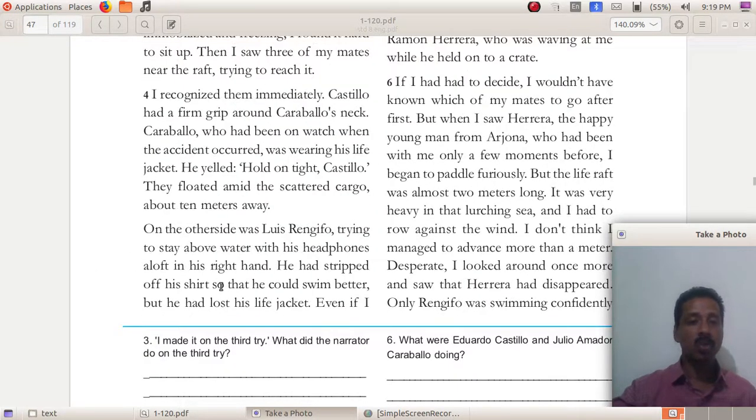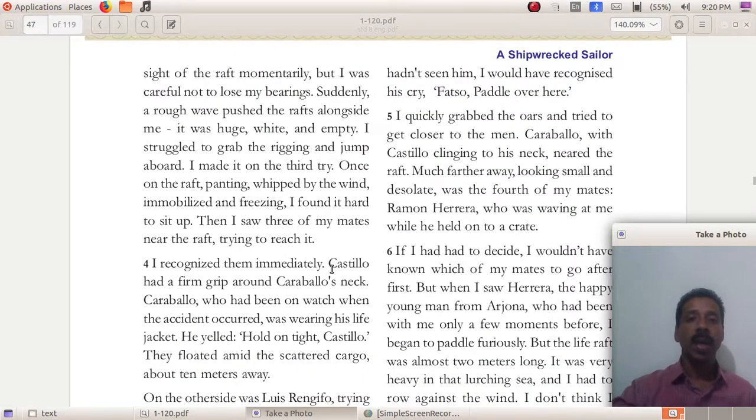He had stripped off his shirt so that he could swim better, but he had lost his life jacket. What happened? He lost his life jacket. Even if I hadn't seen him, I would have recognized his cry, "Fatso, paddle over here." From his sound, he could identify, he could recognize his cry, it is mentioned.